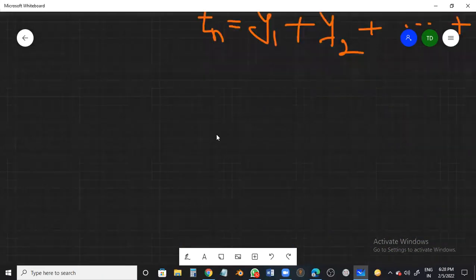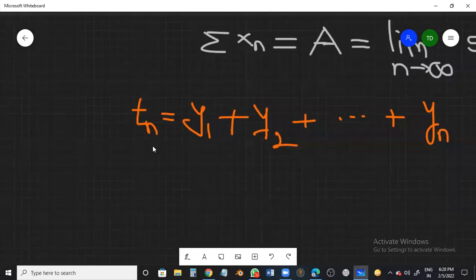T1 is equal to Y1. Then the second term, T2, is Y1 plus Y2. Then T3 is Y1 plus Y2 plus Y3. And in general, Tn will be Y1 plus Y2 plus and so on plus Yn. Are you getting me?